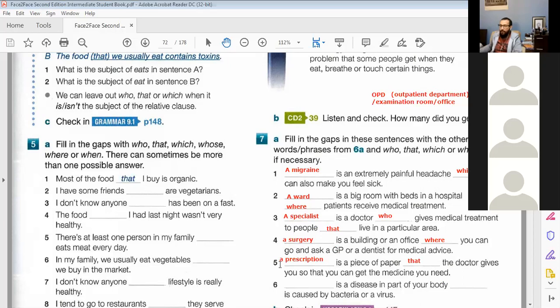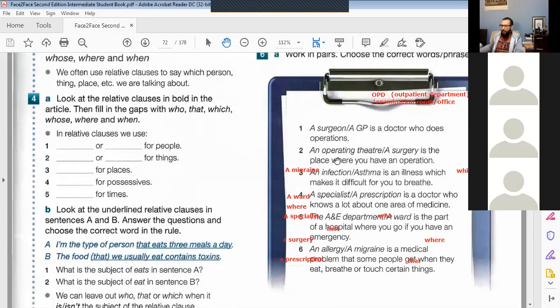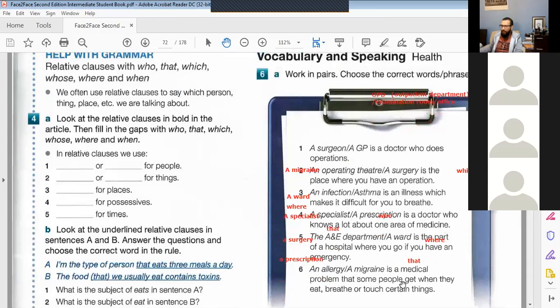Allergy is a disease in part of your body which is caused by bacteria or virus. Are you sure it's allergy? It's not something else? Maybe. Take a look. Because for allergy, we agreed in number 6 that this was its definition: it's a medical problem that some people get when they eat, breathe, or touch certain things. Asthma.